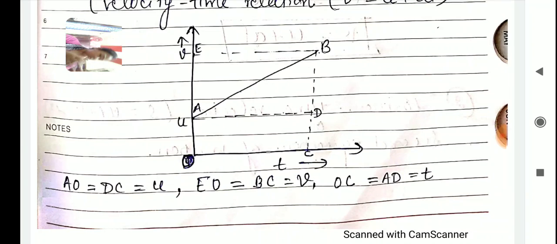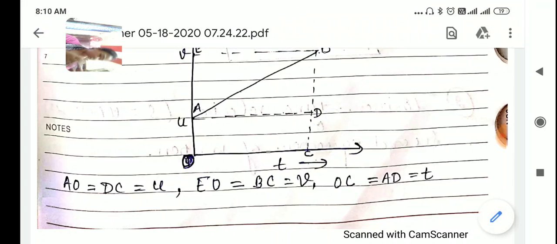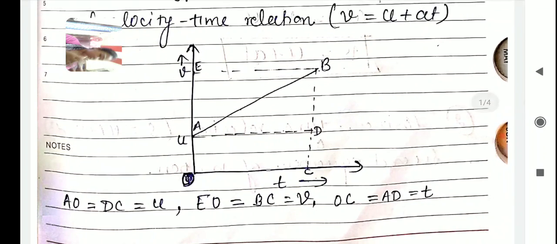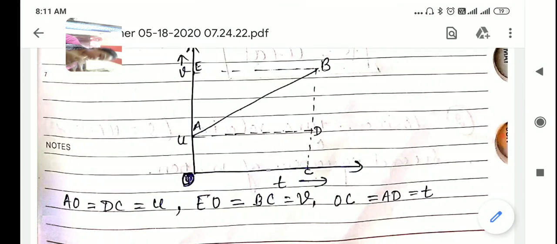This whole value BC represents the final velocity, and this value DC represents the initial velocity. That means BC equals to V and DC equals to U. So how will we calculate the value of the BD? When we separate this BD from the whole value, if we write down BC minus DC, that will give us the value of the BD.